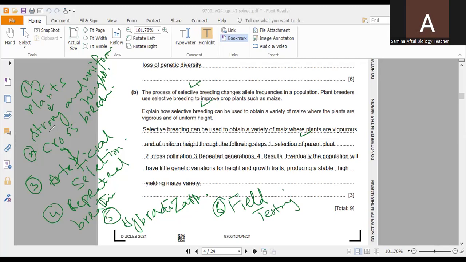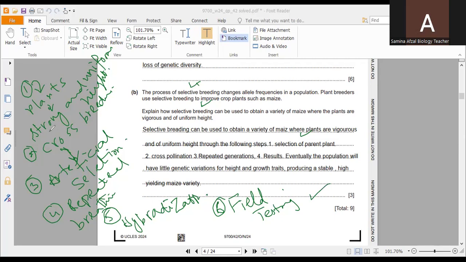When you test them, it will be very easy to find out which one is best. Continuously they will select the plants which have favorable and variable traits. So a maize variety with uniform height and high vigor can be developed.